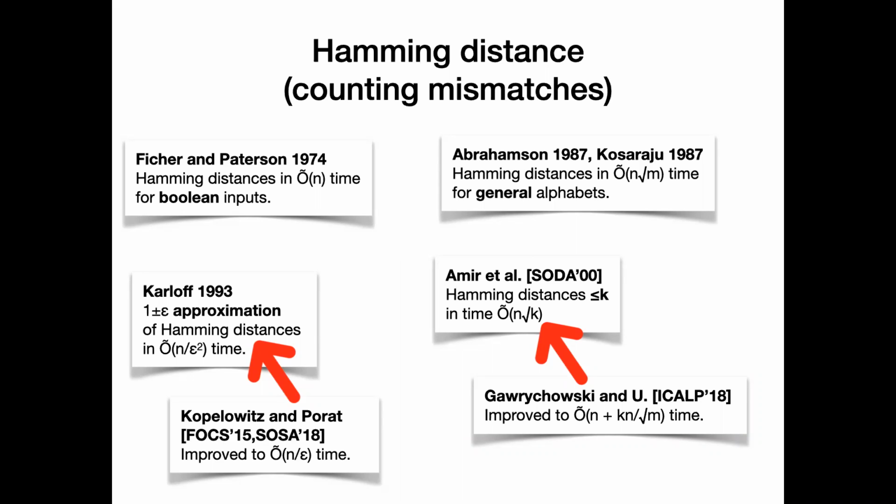And with Paweł Gawrychowski two years ago at ICALP, we improved the complexity to something that looks tight unless you get some computational complexity breakthroughs. It's n plus kn over square root of m. It's a little bit weird complexity, but it actually makes sense in terms of trade-offs between n, m, and k.